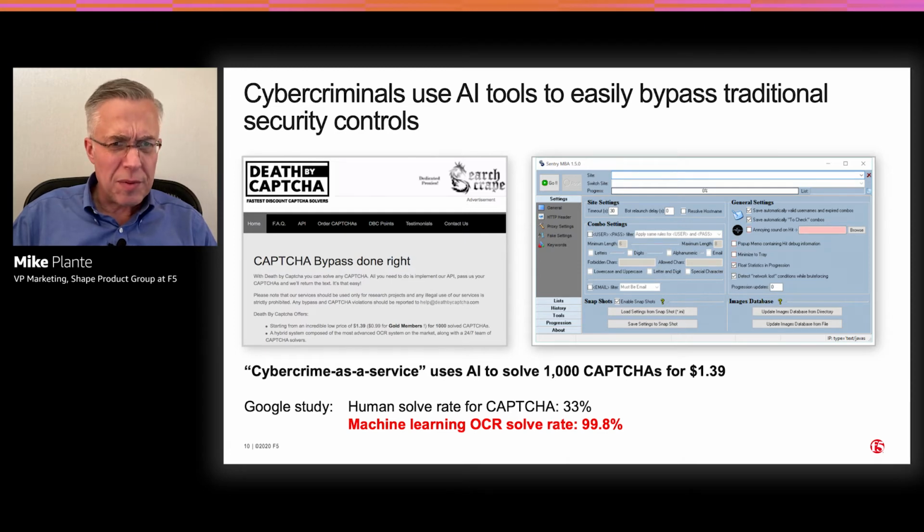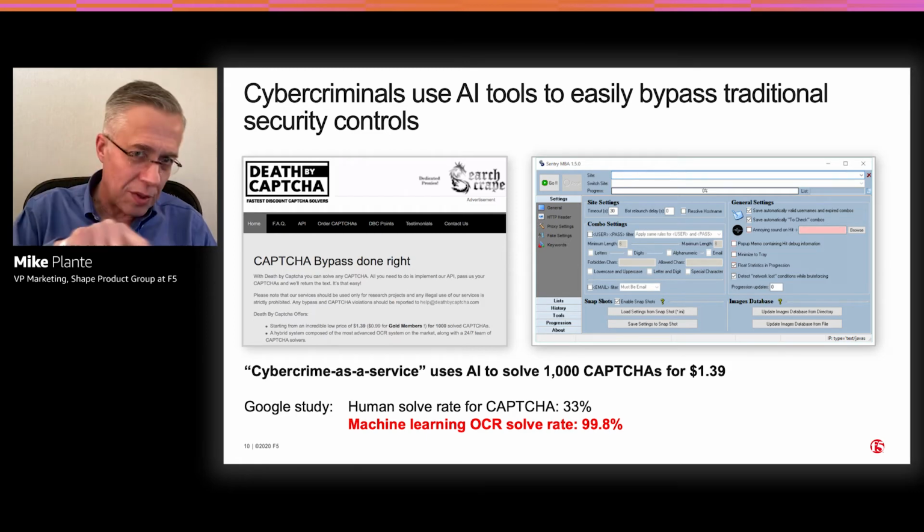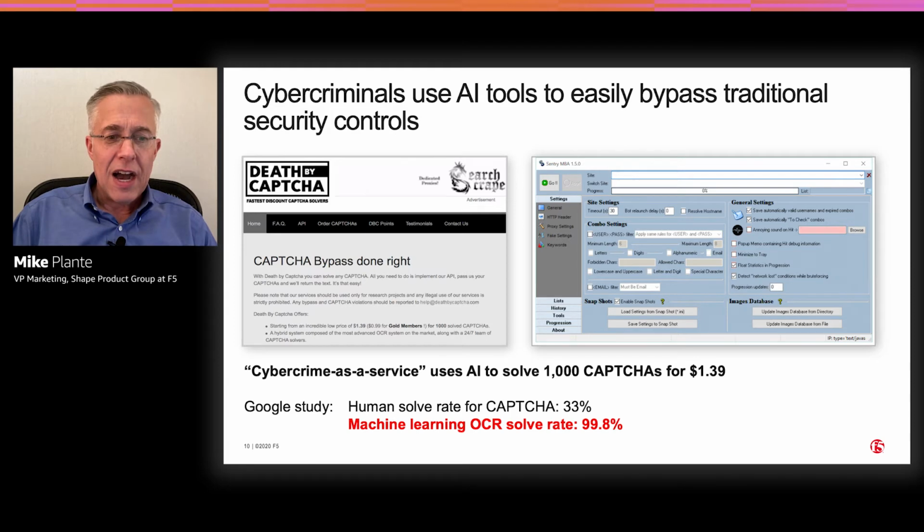If you're not familiar with it by that name, but if you ever remember solving those little square 3x3 puzzles that say click on the stoplights or click on the buses or click on the taxis, that's what CAPTCHA is.